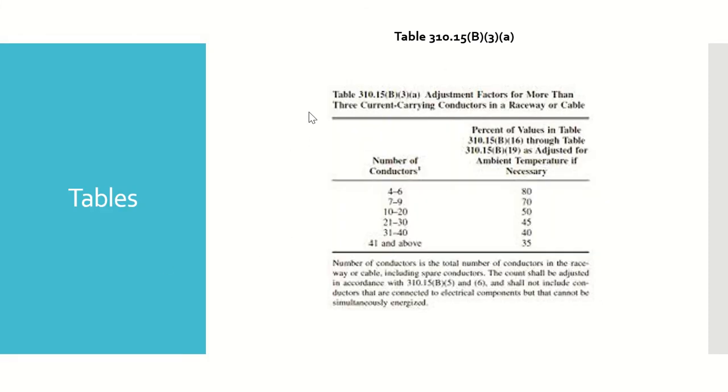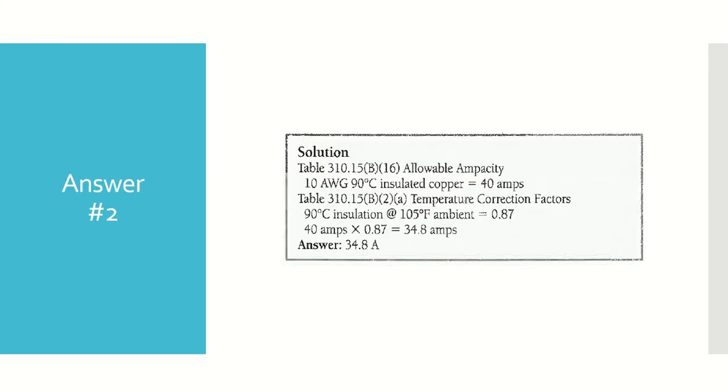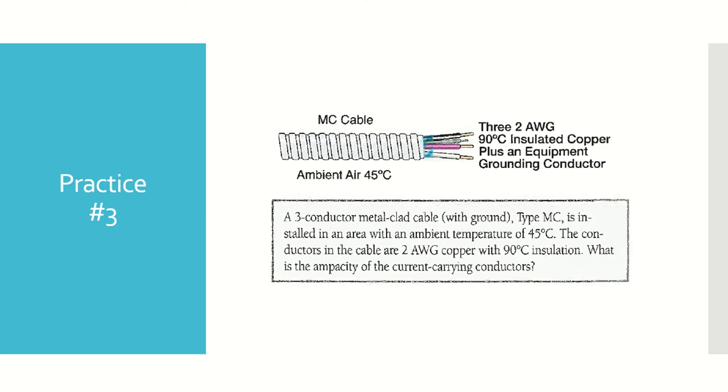Again, no adjustment factors for the 3 current carrying conductors. And here's our answer, 40 amps times 0.87 gave us 34.8. All right, number 3.